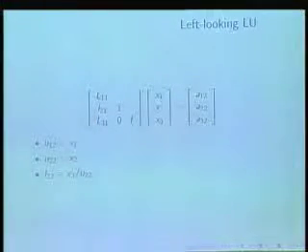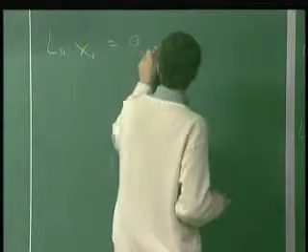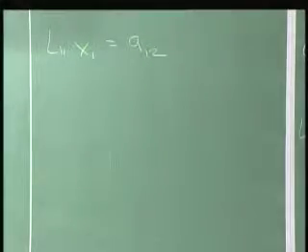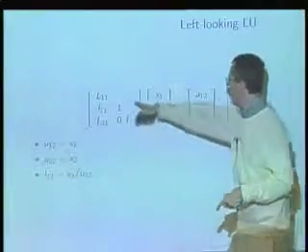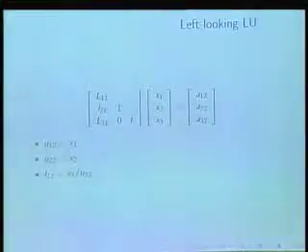Let's look at these three equations and write them out. So the first equation is L11x1 equals A12. That's taking this first row times the x vector. We just get L11x1 equals A12. Right? Just plain old block matrix multiply.